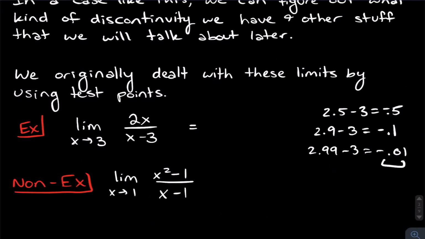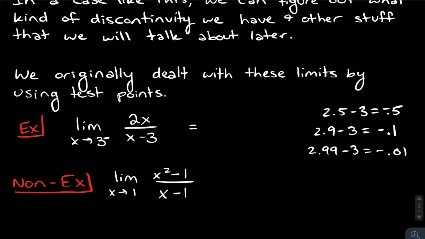It's also negative. So what happens to this entire fraction as x approaches 3 from the negative side? We would have to put a negative sign there, and the reason for that is because we're on the left side of 3. These numbers are to the left of 3 on a number line.